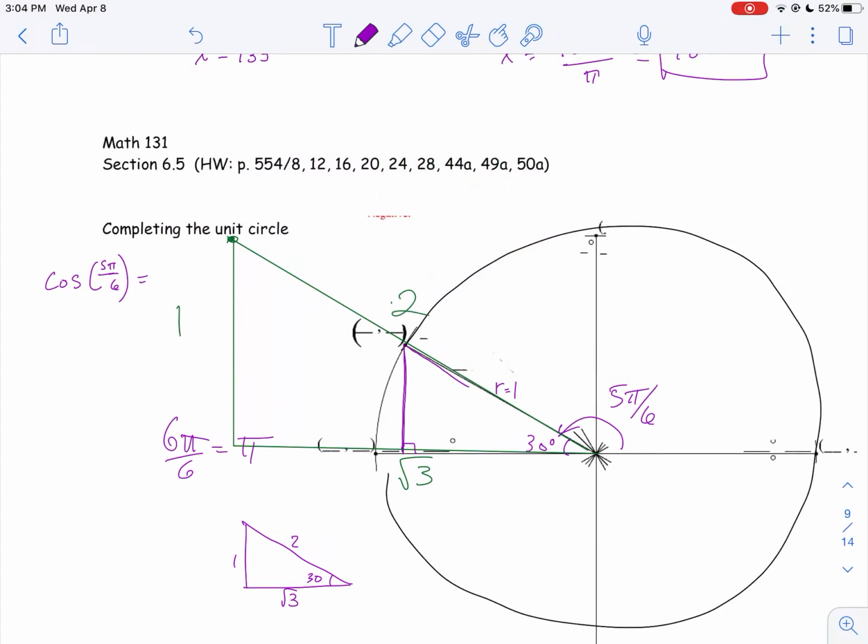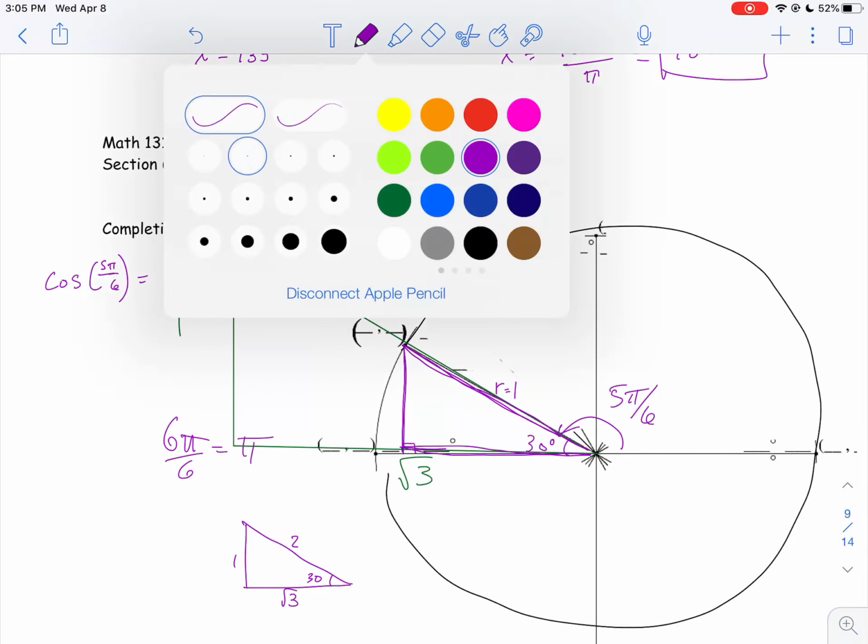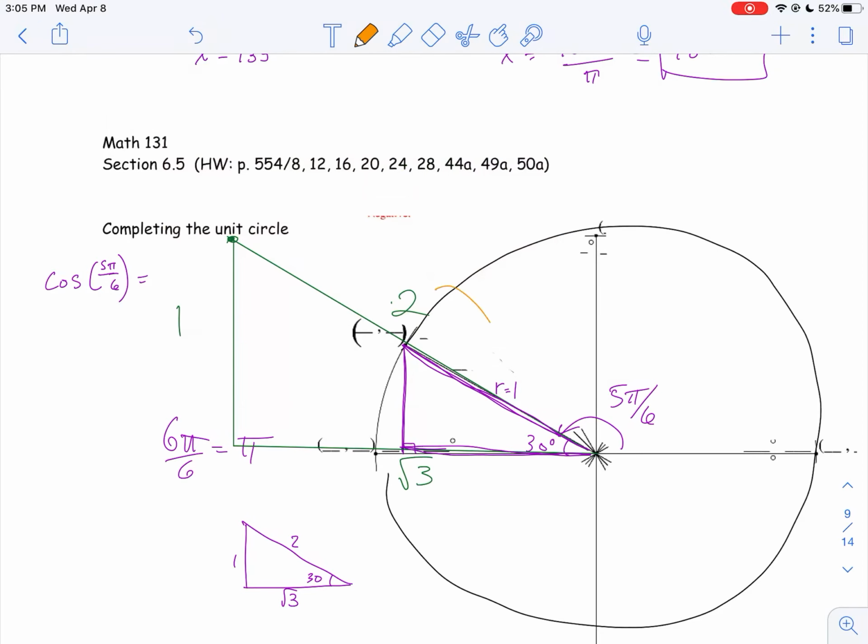But then we've got this purple triangle here that is similar to the green triangle, the same shape, just smaller, and its hypotenuse, or the radius of the circle, is just 1. So the way to think this through is to recognize that from 2 to 1, that's half as big.